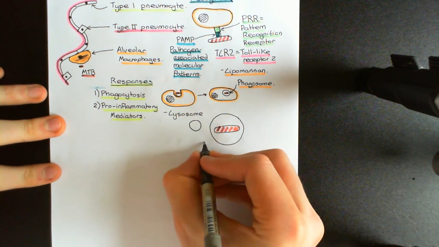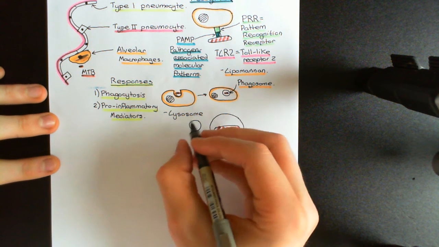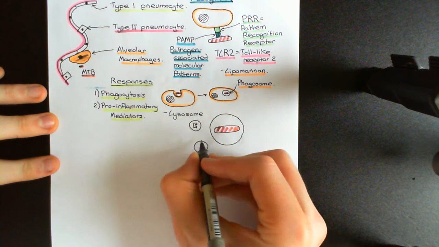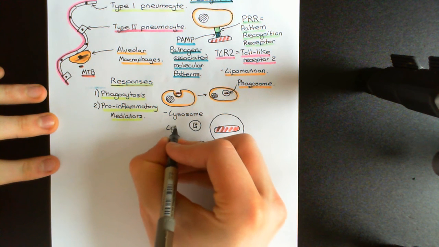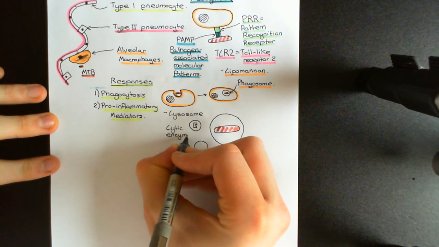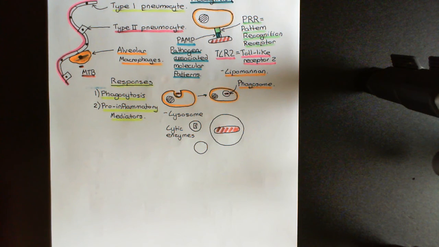So here, these membrane-bound vesicles, these are going to represent lysosomes, and lysosomes are absolutely full of enzymes which we can collectively call lytic enzymes. And these enzymes are going to break stuff down. That's what lytic means, it means to break stuff down.